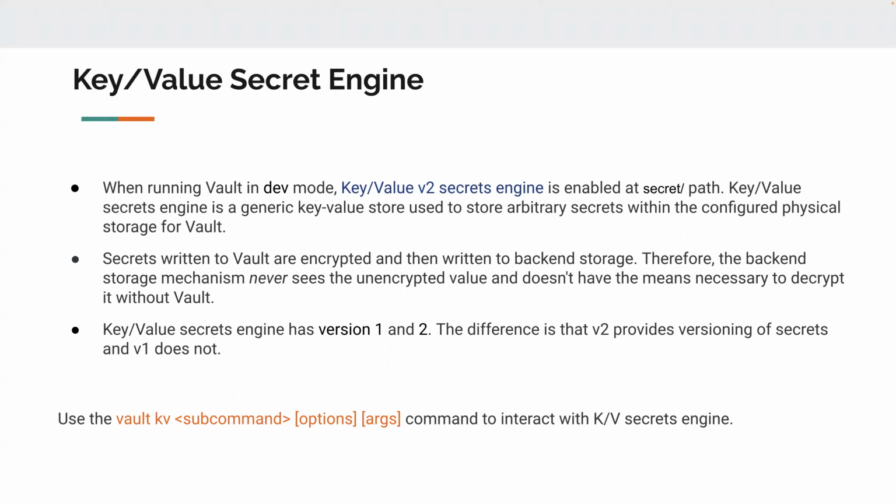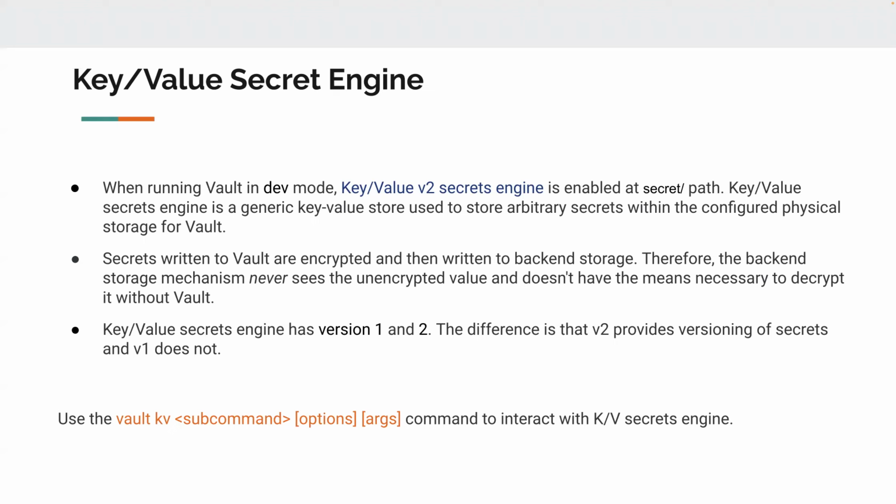The most used secret engine for static secrets is the key value secret engine, and that is why we are going to talk about it. It's one of the simplest ways to get started. While running the Vault in dev mode, which we have done in the earlier session, the key value secret engine actually gets enabled with the path secret.